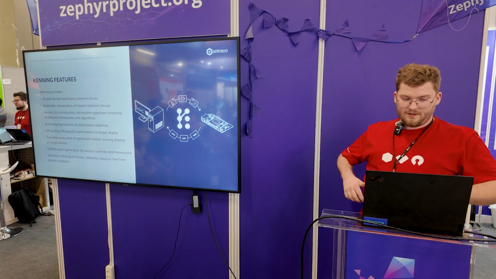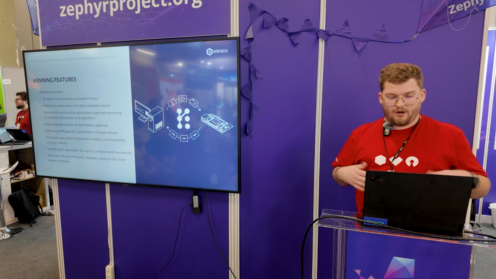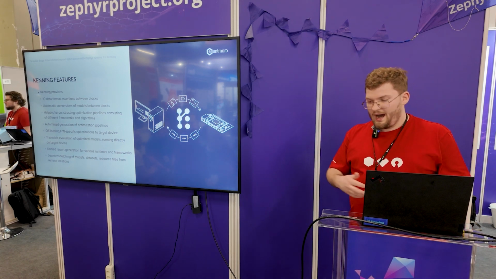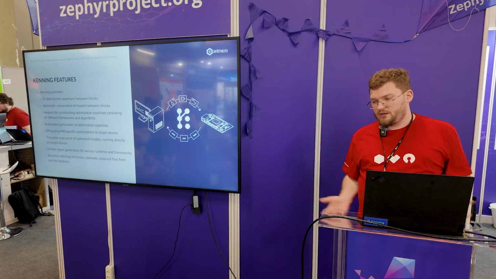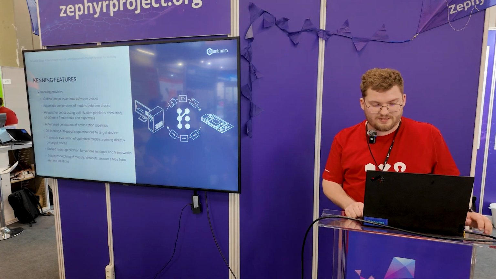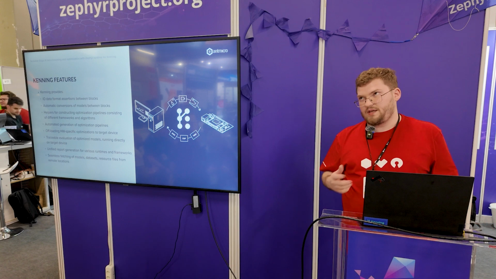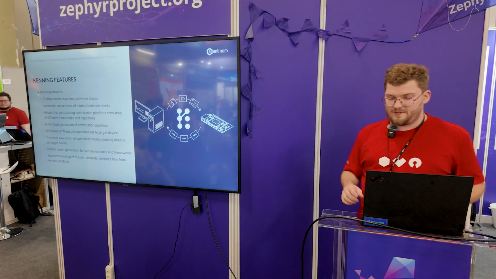And as I mentioned before, we have offloading of hardware runtime to a dedicated machine, but we can also offload certain optimizations to the target device in case we need to do some hardware-specific fine-tuning.